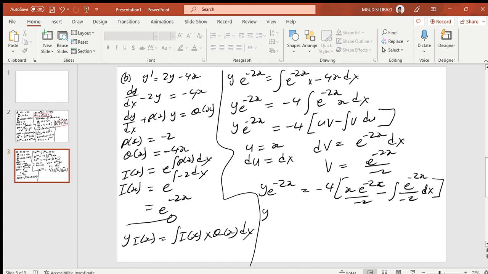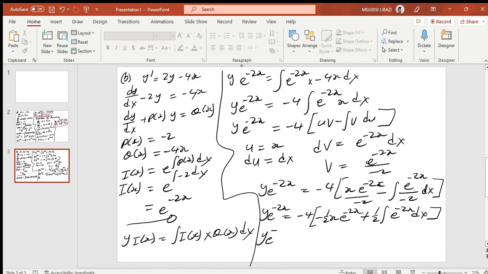So we're going to get y e raised to -2x equal to -4 into -1 over 2x e raised to -2x minus, when we take out the constant, plus 1 over 2 integral e raised to -2x dx, and that's what we're going to have.